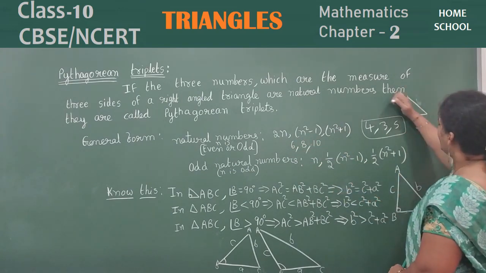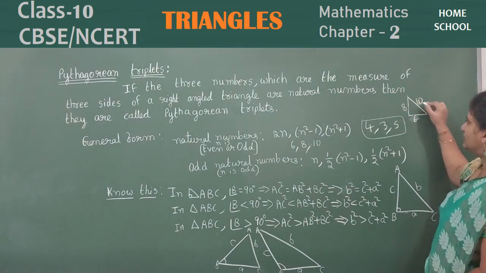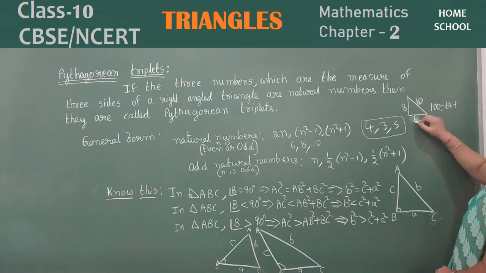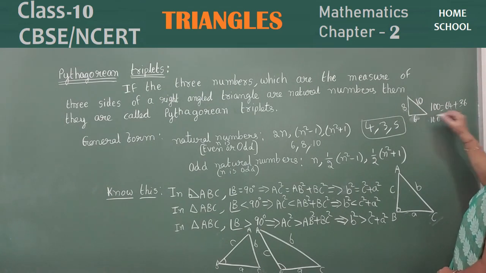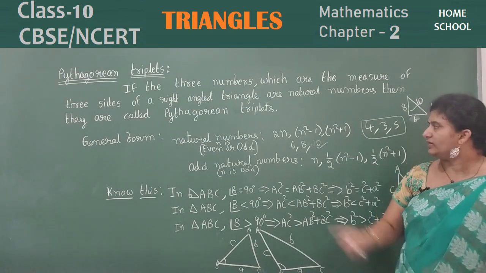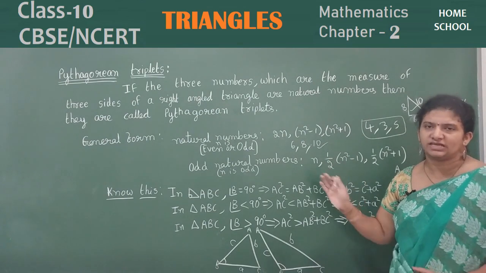Let me write the sides: 10, 8, 6. 10 10s are 100. 8 8s are 64 plus 6 6s are 36. Then 100 equals 100. Therefore, it forms a Pythagorean triplet. Okay, this is the general form, children. Just know the statement.